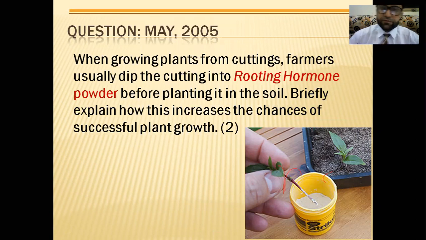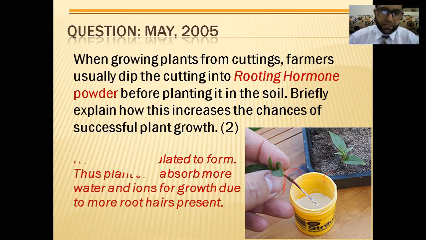You know, usually the farmer is exposing the plant cutting to rooting hormone powder. It's actually auxin, right? So we know this stimulates growth. Roots are stimulated to form. So in this case, it will stimulate the root.